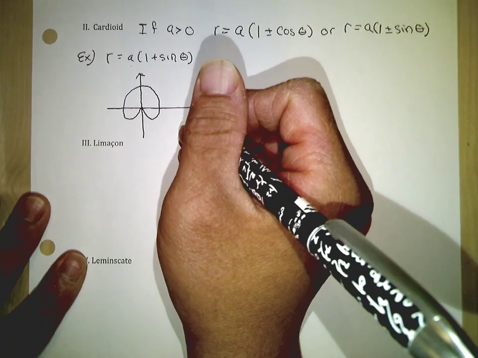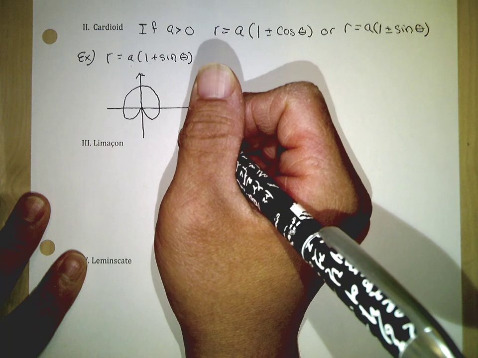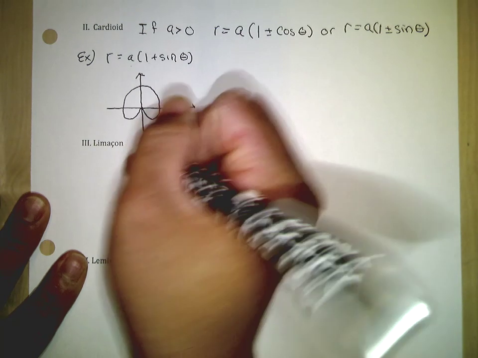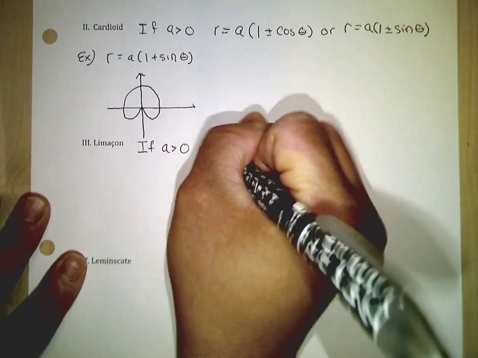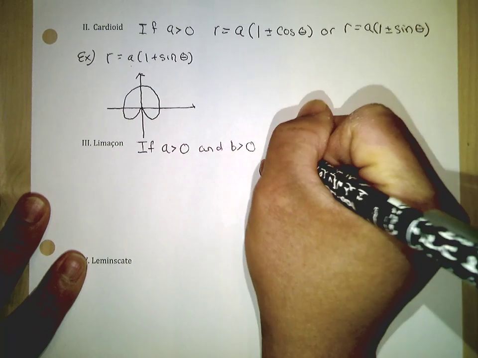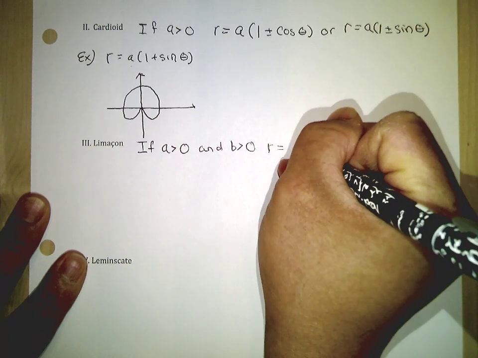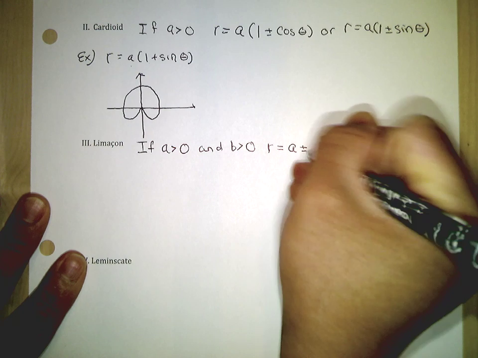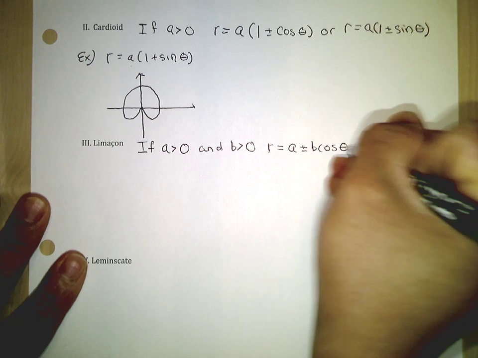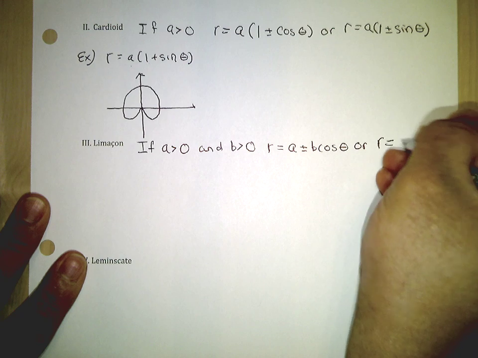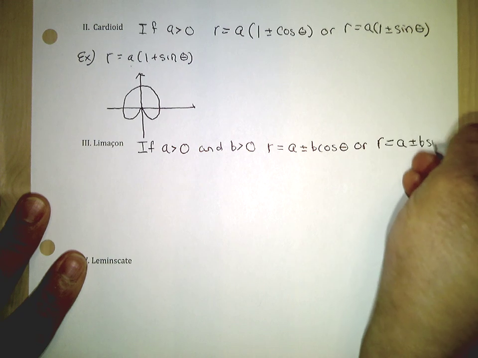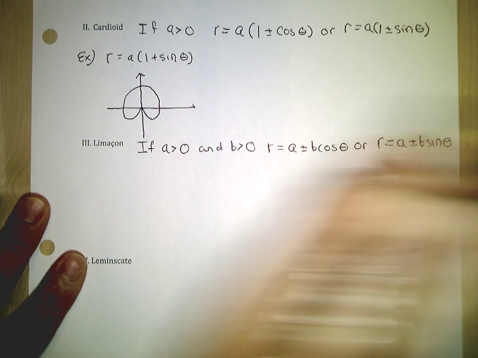A limaçon. If a is greater than 0 and b is greater than 0, r equals a plus or minus b cosine of theta, or r equals a plus or minus b sine of theta, is a limaçon.